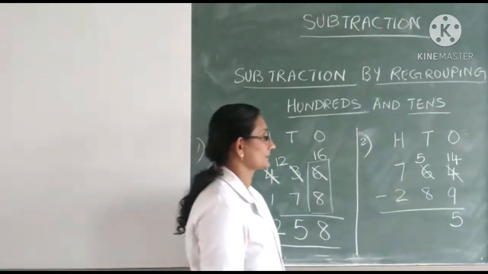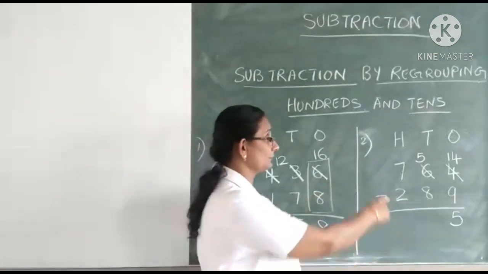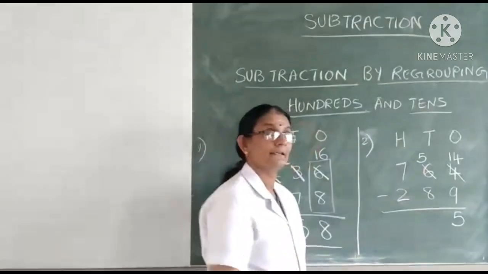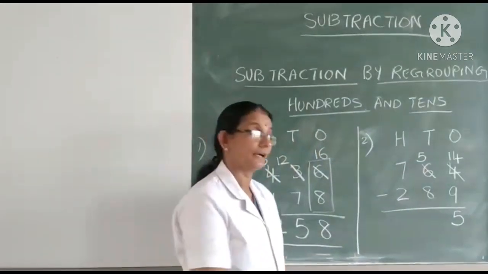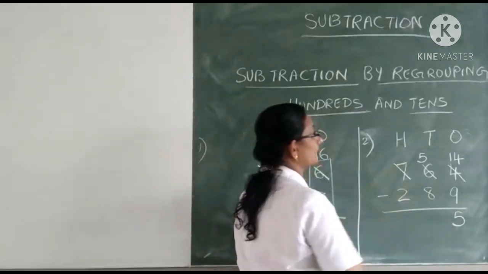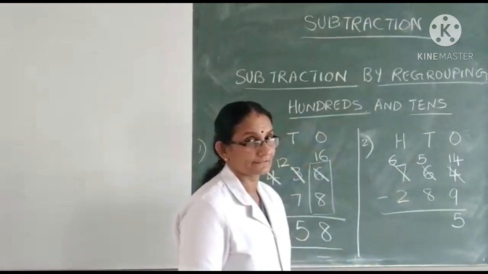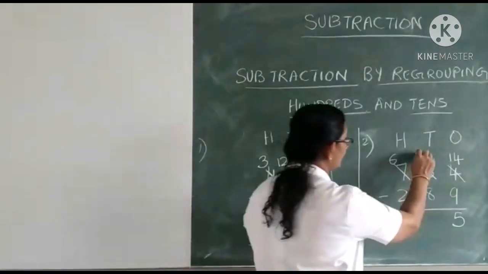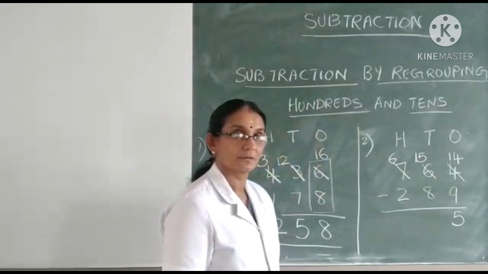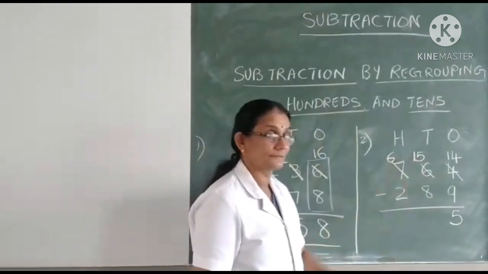Okay. Next you have to subtract the digits in the tens place. Again you see that 5 is smaller than 8. So again we have to regroup the digit in the hundreds place. So take away 100, you have 6 hundreds left and here you have 15 tens, because you are giving 100 to the tens place.